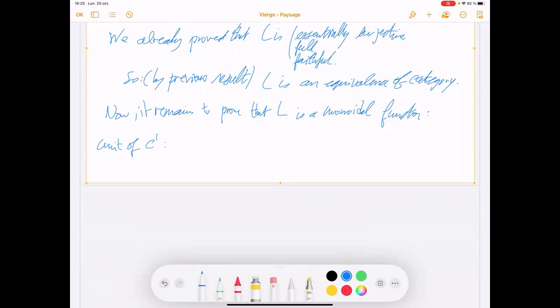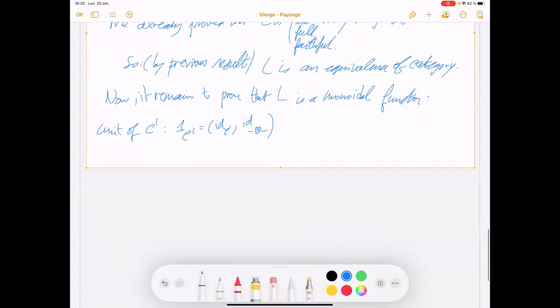This is 1 C tilde equal identity of C, this natural transformation. We need to check that L maps the unit of C to the unit of C prime.